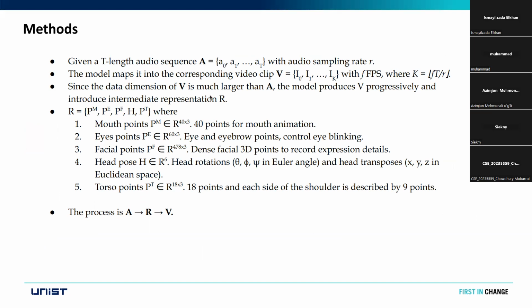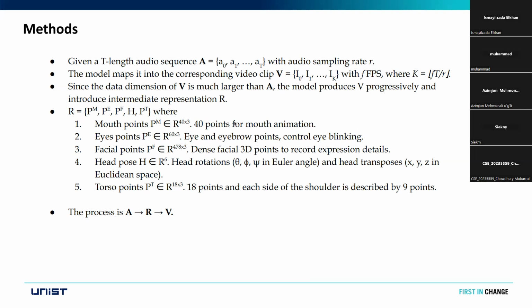Since the data dimension of V is much larger than A, V being video and A being just audio, the model produces V progressively and introduces an intermediate representation R. In this model, they choose R as mouth points, eye points, facial points, head pose, and torso points.